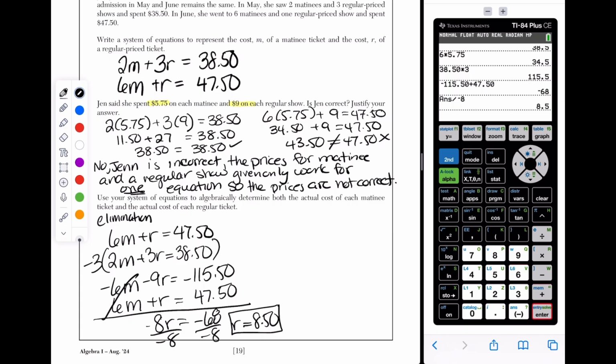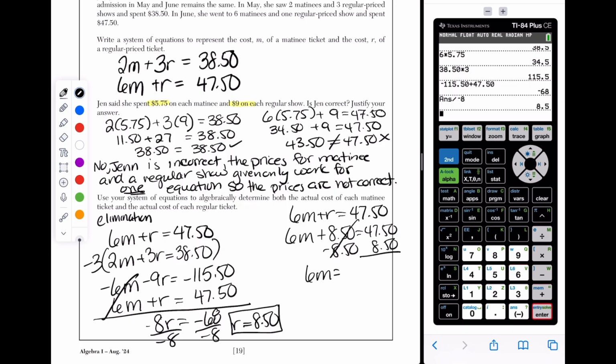Now that I have a regular matinee, I can substitute 8.50. So I'm going to use the easy one. I'm going to just use this formula. So 6m plus R is equal to 47.50. 6m plus 8.50 is equal to 47.50. I know I'm subtracting from both sides.